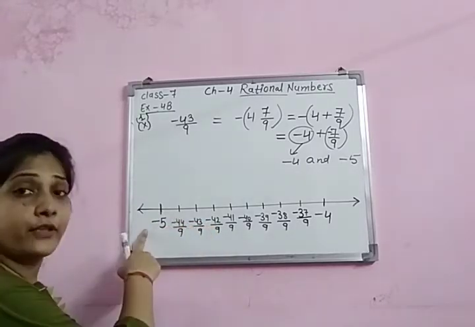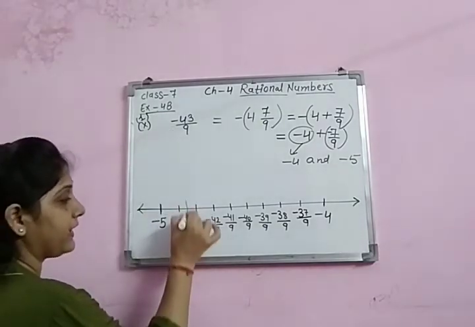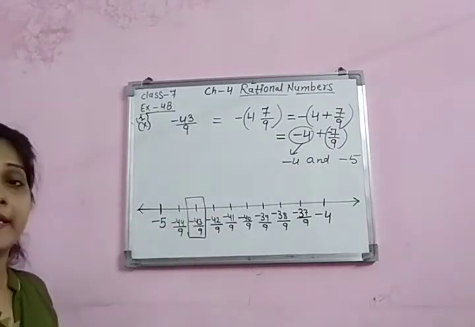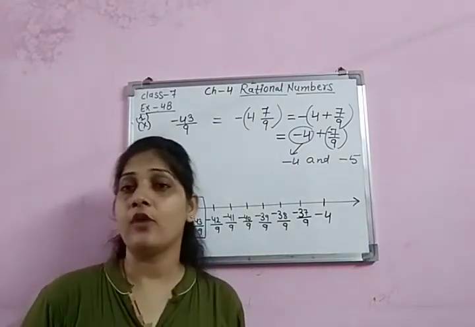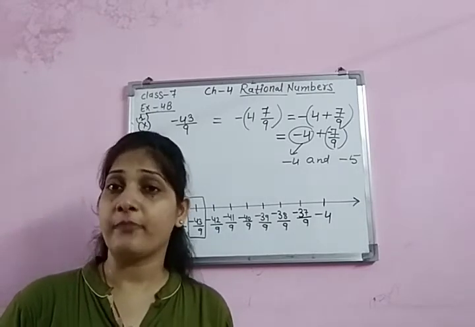This is negative 45 by 9, which gives me minus 5. So where is negative 43 by 9? This one. So I hope it's clear to everyone how to represent a rational number on a number line. So do a lot of practice.